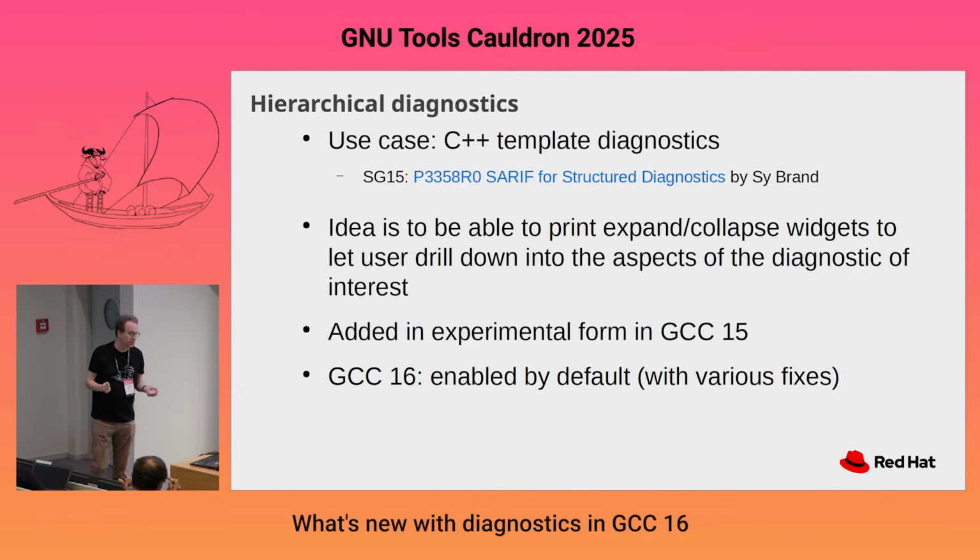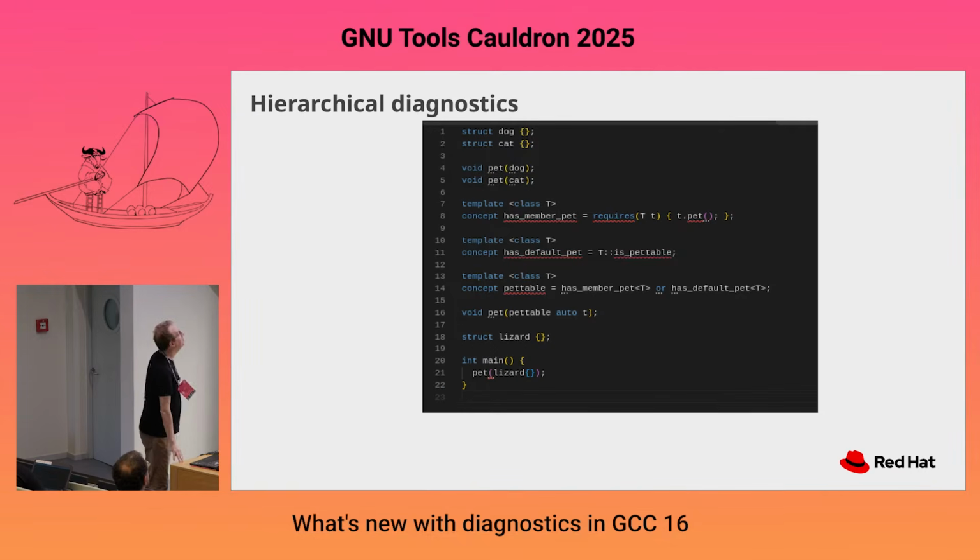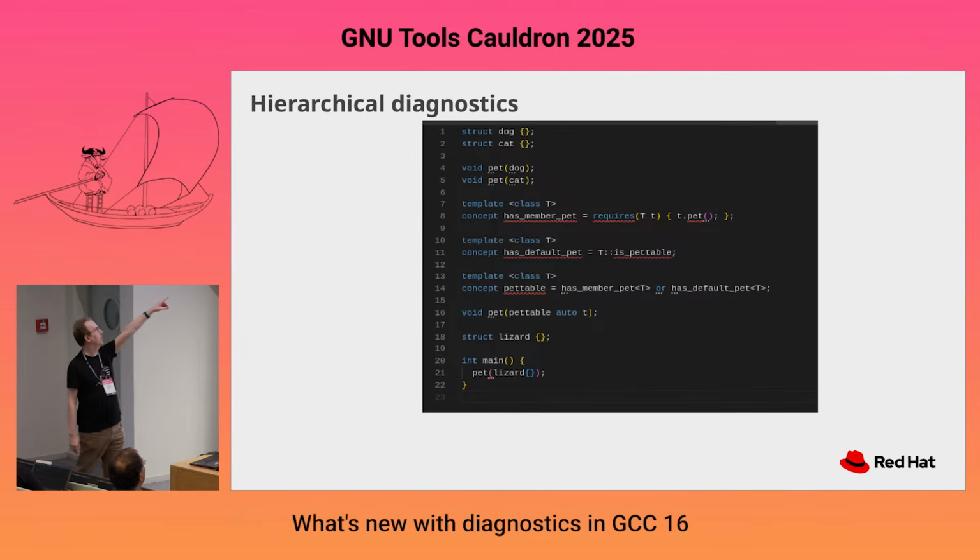We added this in an experimental form in GCC 15, but it was hidden behind a cheat-code-level command line option. But for GCC 16, it's now enabled by default in Trunk with a few fixes. Here's the example from Cy Brand's paper, which is some C++ code involving templates and concepts, where at the bottom in main we try to pet a lizard object, and we have overloads at the top of pet that can take dog and that can take cat.